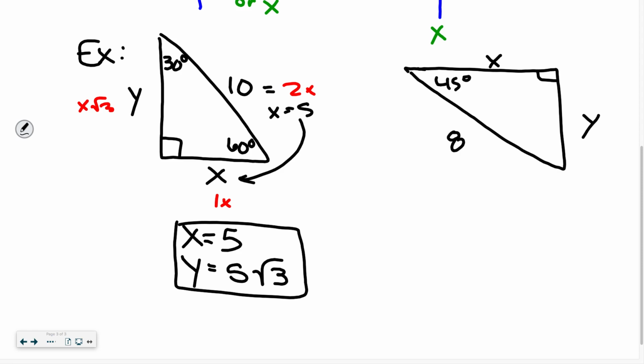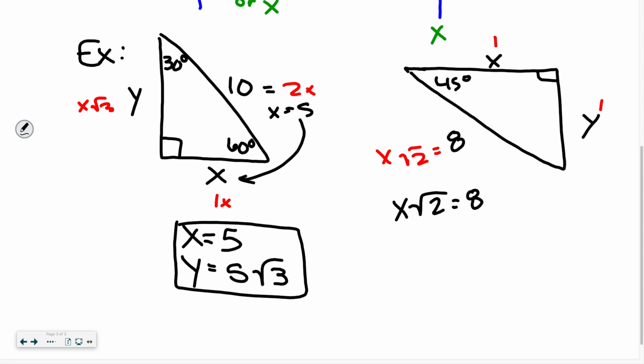If I went around and labeled the ratio of sides, these are both going to be like my base unit. And then this one is the square root of 2 times that side. So if I call that x square root 2, and I'm thinking about the fact that that's like saying the leg times the square root of 2 is 8, how would I solve for x?